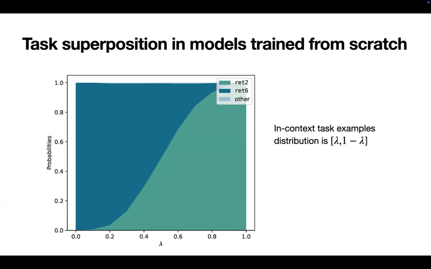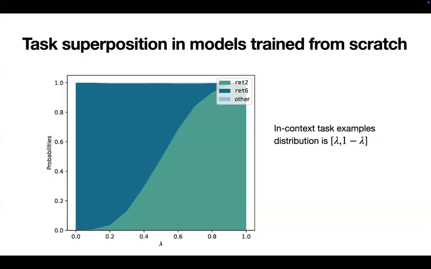And we can see that even though the model is trained to learn a single task at a time, during test time, if we provide the model with prompts of a two-task mixture, it can still interpolate the output probabilities.